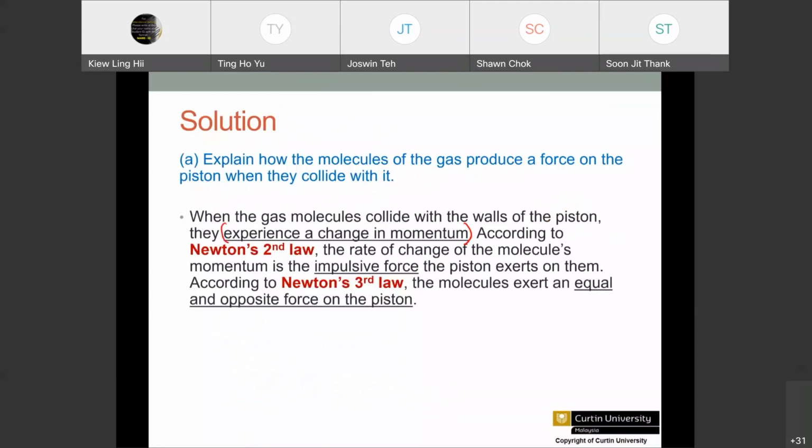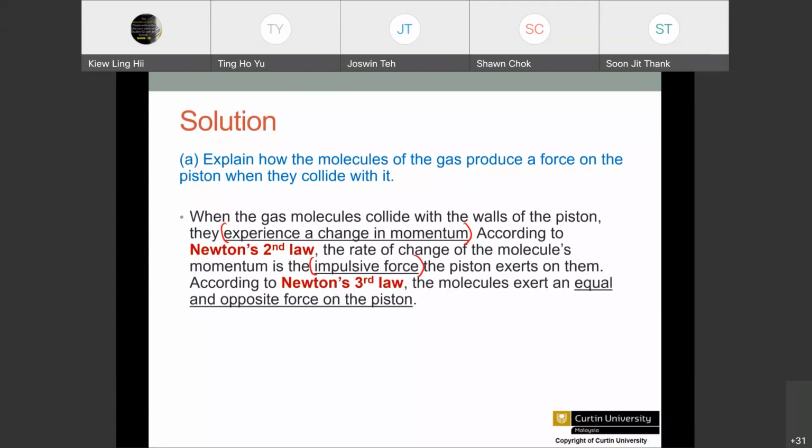This change in momentum is the impulse, or we call it impulsive force. It's just like when you are driving and you bump into something. The amount of force that you receive when you bump into something, this is what we call impulsive force.